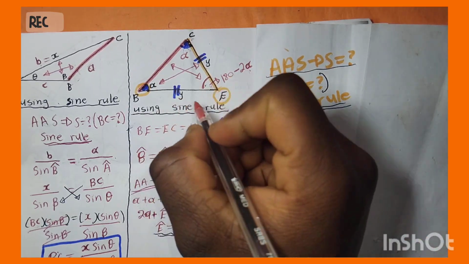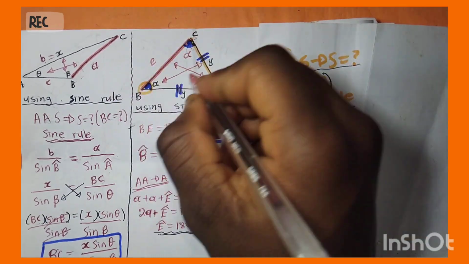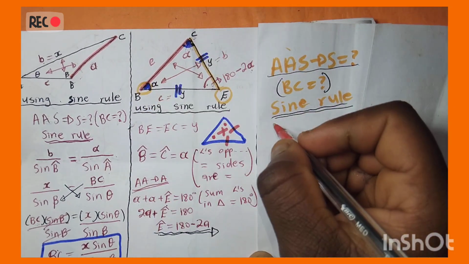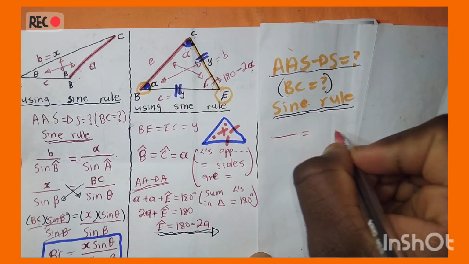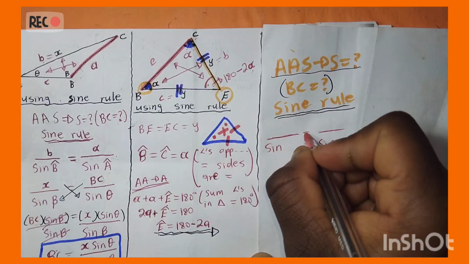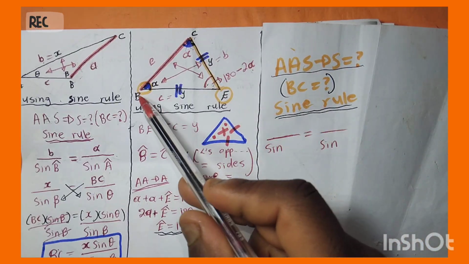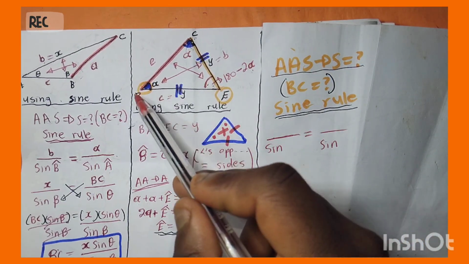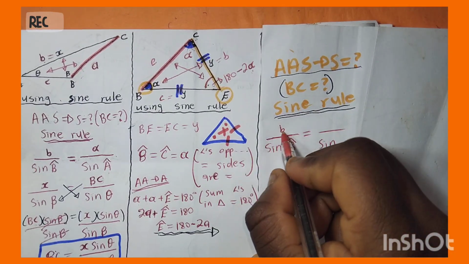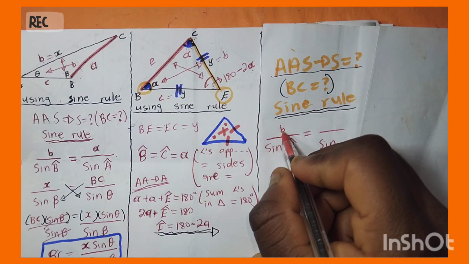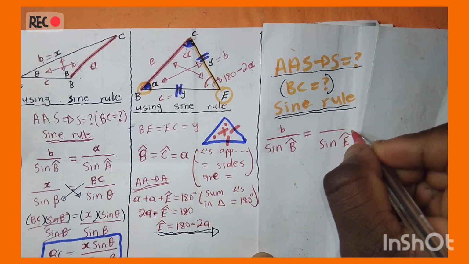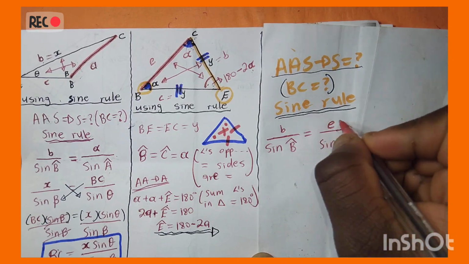Applying the sine rule here. This one there is small e, this one is just b, and this one is just c. So I'll say sine of this angle B, the opposite side being small b, and here I also point this angle E, with its opposite side small e.